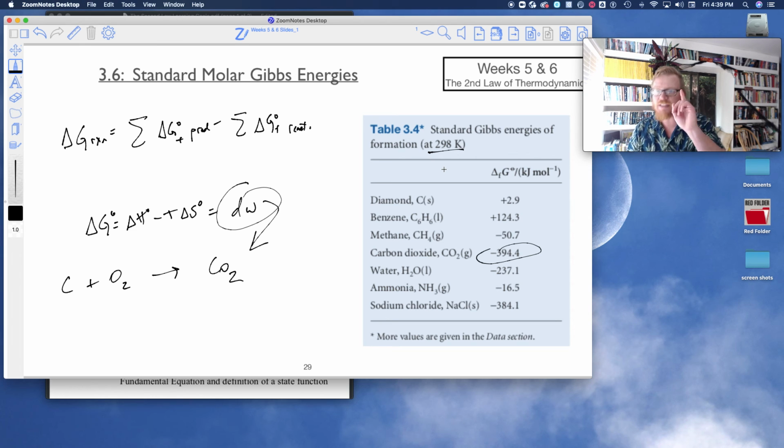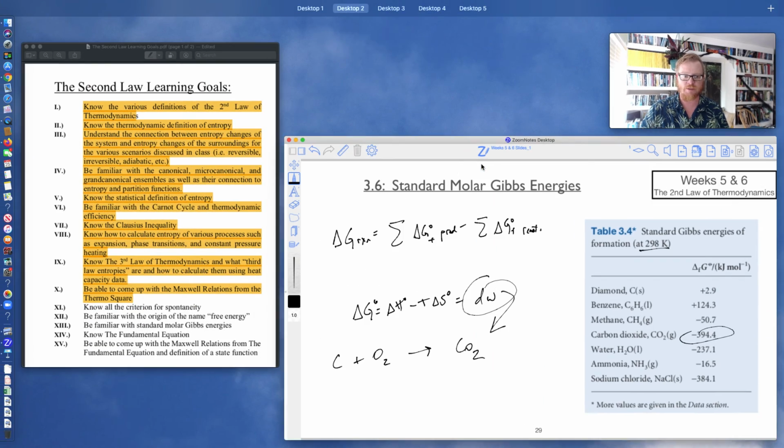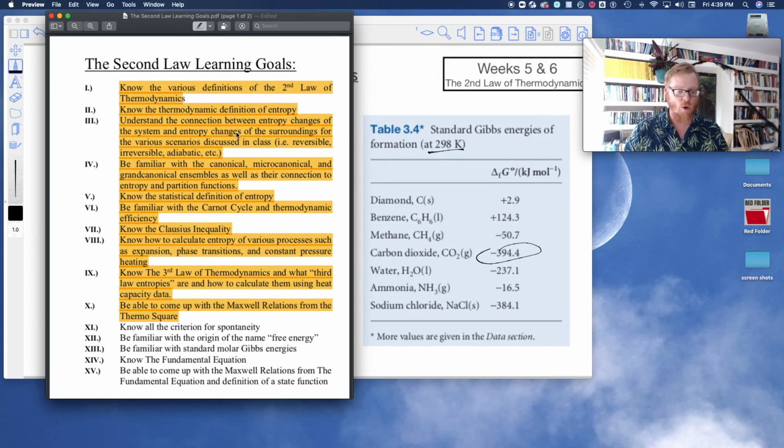And it will be one last video, a bunch of short and sweet videos for this module. So what I have covered, just to remind you, is the criterion for spontaneity. Be familiar with the origin of the name free energy. It's confusing, and we could spend days and months and weeks talking about the free energy, so I just touched on it.